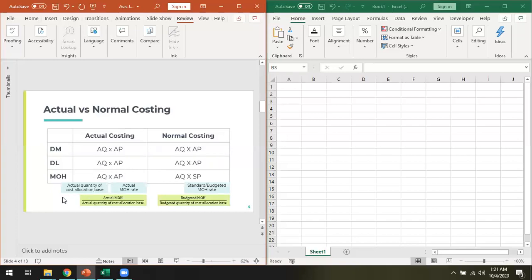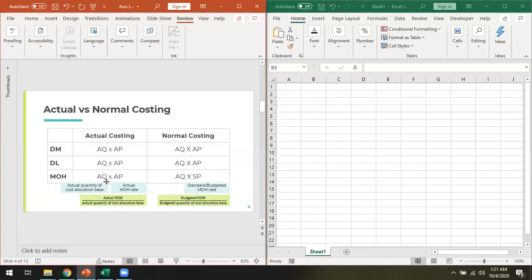Next is manufacturing overhead. The actual quantity for manufacturing overhead is a bit different because we use the actual quantity of the cost allocation base. The cost allocation base is the cost driver of the manufacturing overhead. For example, if the manufacturing overhead is electricity cost, the cost driver may be the direct labor hour.